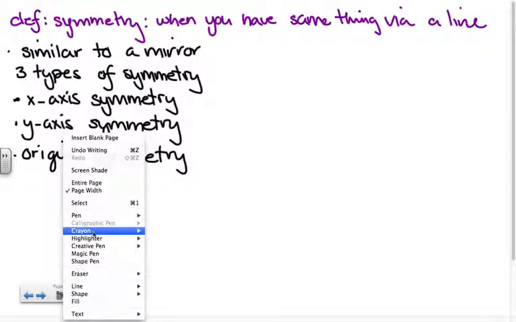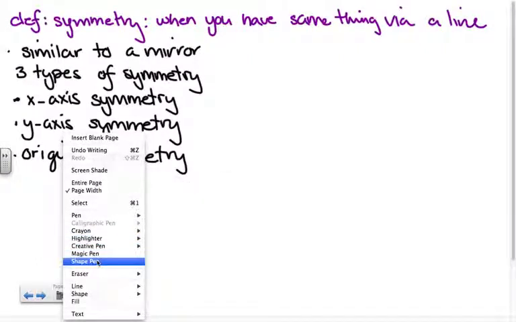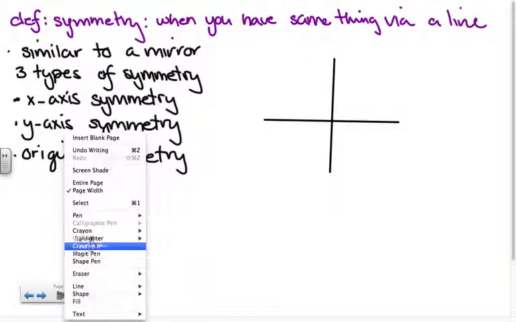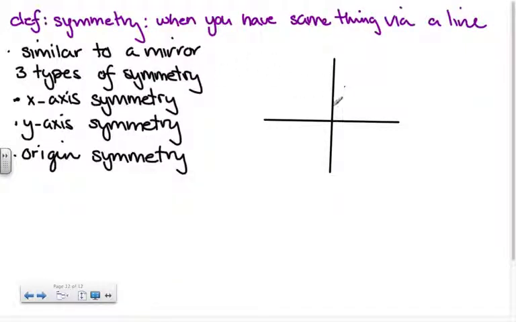So to give you an idea of what these look like, something like this.